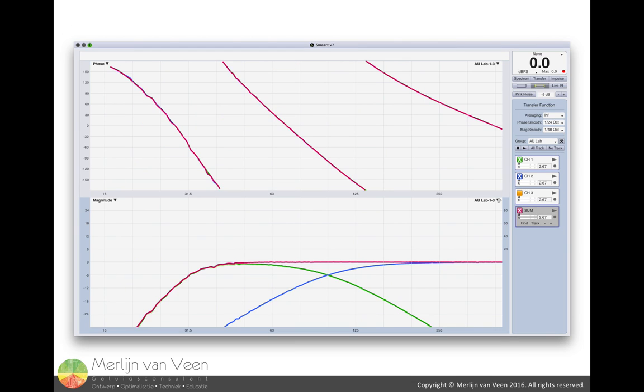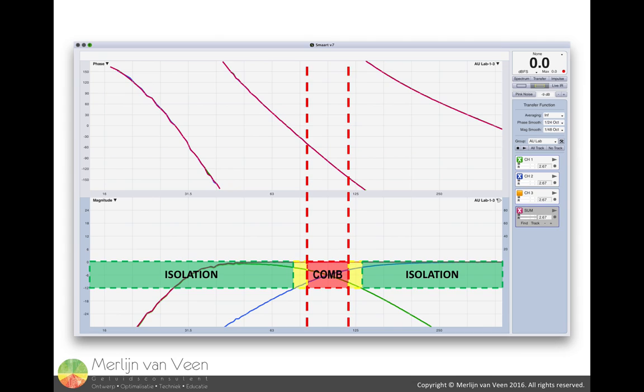In a unity crossover, the subwoofers have sole custody in the passband, and they are dominant in level over the main speakers by 10 decibels or more. These aren't the frequencies where time matters because there's isolation. The actual crossover frequency will have arrived earlier than the passband by about 10 milliseconds or so.